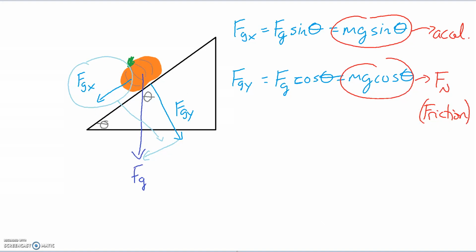So let's suppose our pumpkin is a 6 kilogram pumpkin and I want to calculate my two forces. If I wanted to calculate my FGX, that would be mg sine theta.